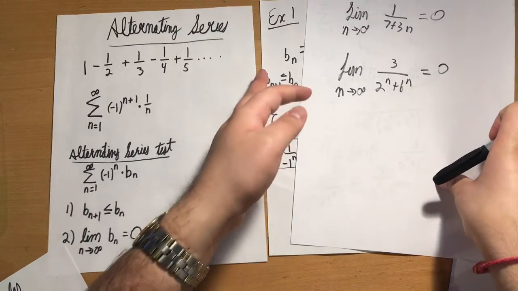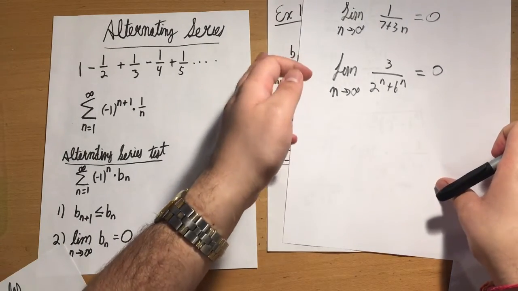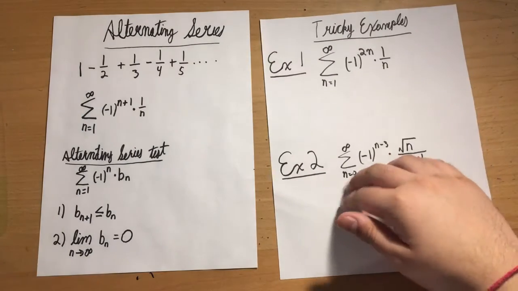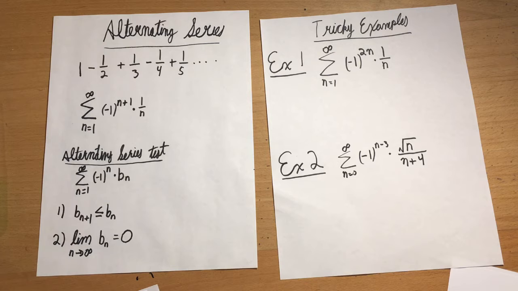So now let's look at some trickier examples that you might end up with. I'm going to just grab a different marker. So here are a couple more examples of various sequences.